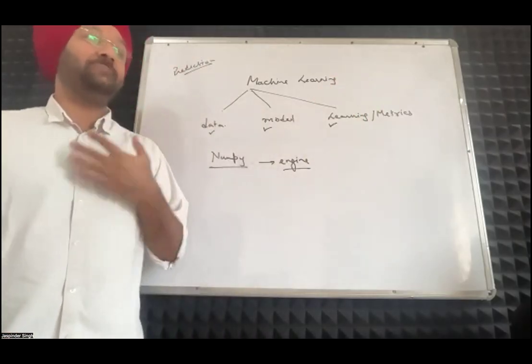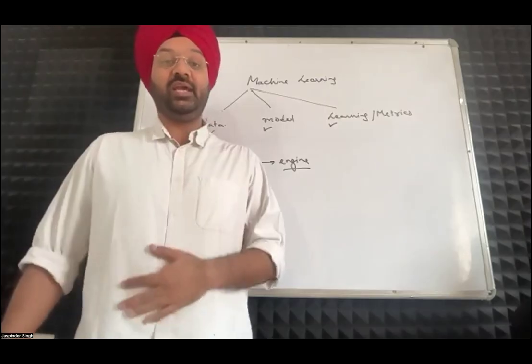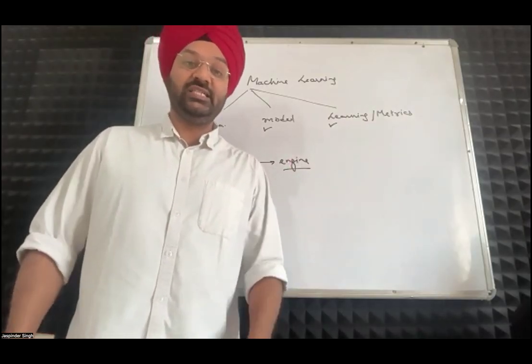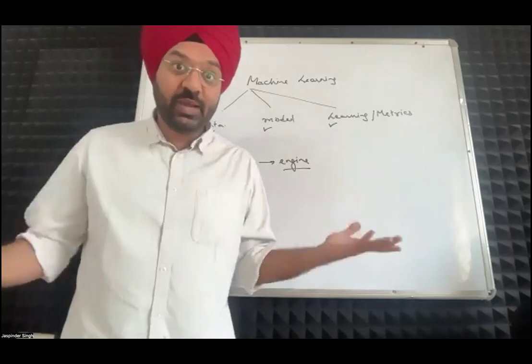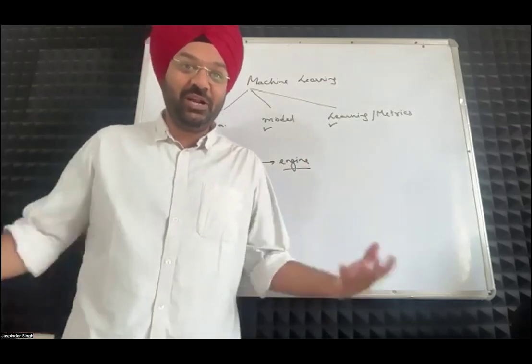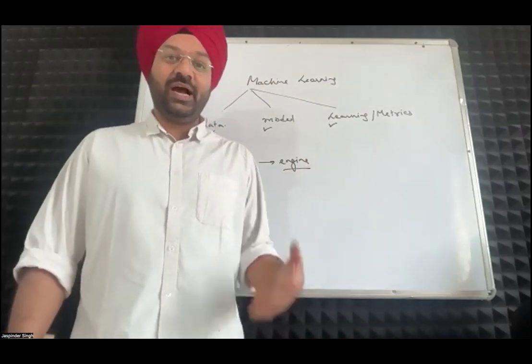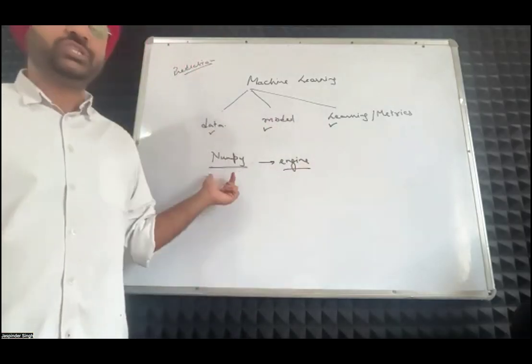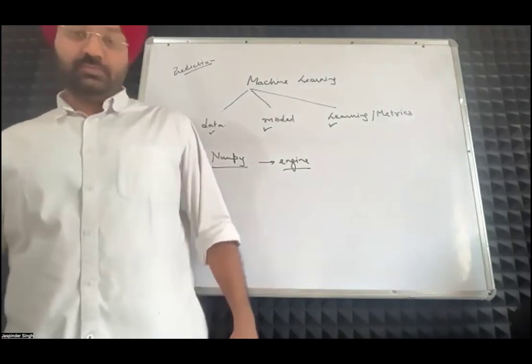What's so special about NumPy and why do we need a library? We have Python, right? Everybody told me machine learning was Python. Then why can I not use normal Python? Why do I have to use a library like NumPy?